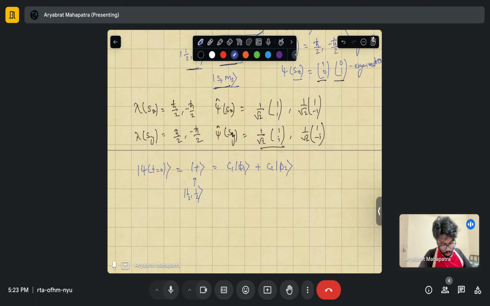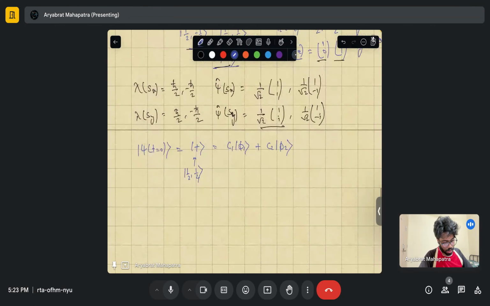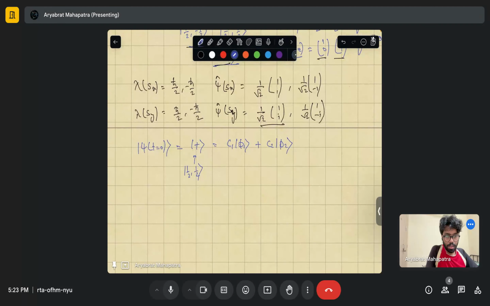What I was trying to show here is that this plus state is basically the initial state.